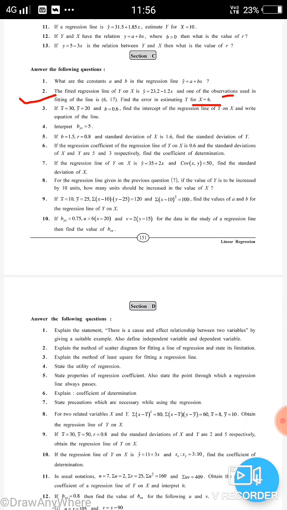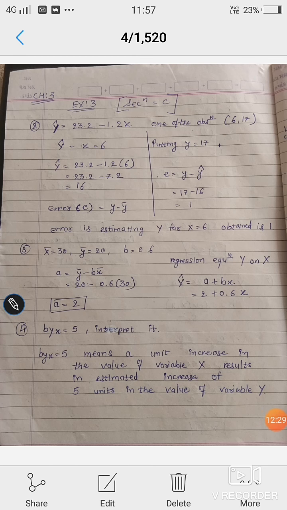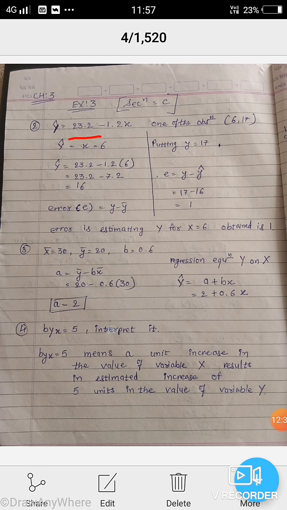The regression equation is already given, so we just put this into the formula and find the answer. The formula of y cap is already given, that is 23.2 minus 1.2x. Now the value x is equal to 6 is also given, so we put that into the equation. So y cap we get 16, right?